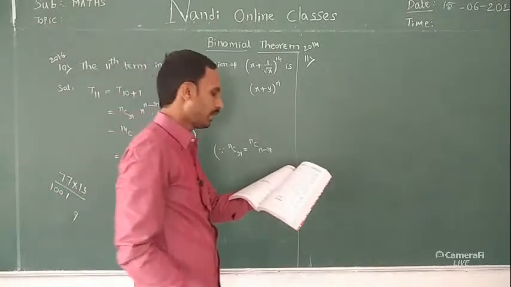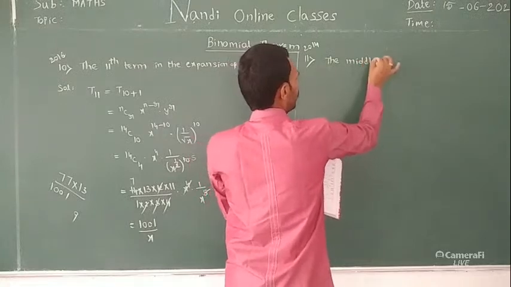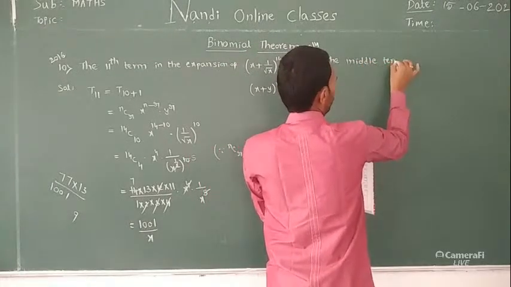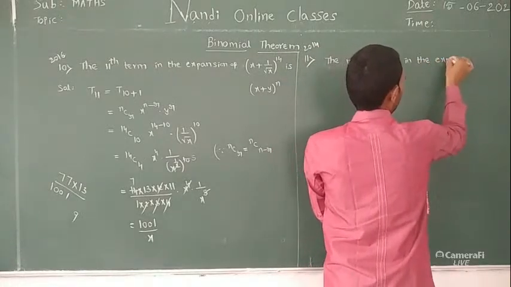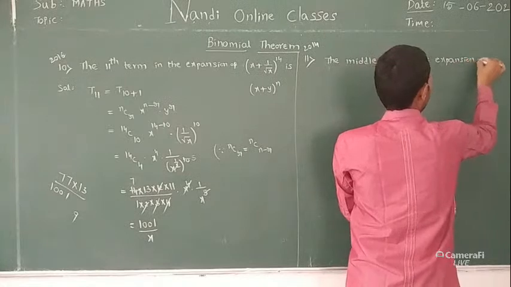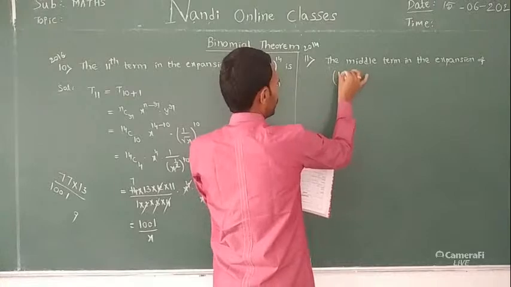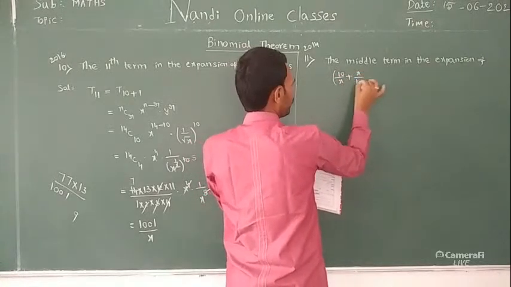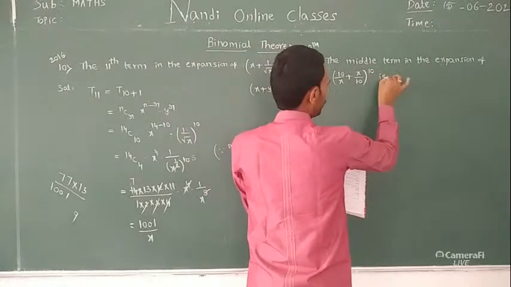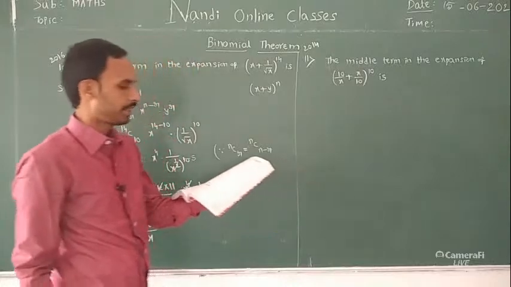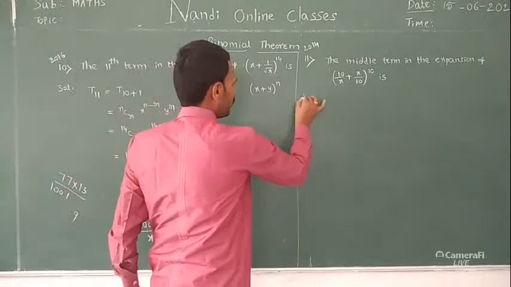The middle term in the expansion of (10/x + x/10)^10 is... Okay, solution.